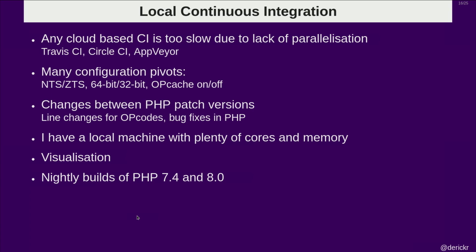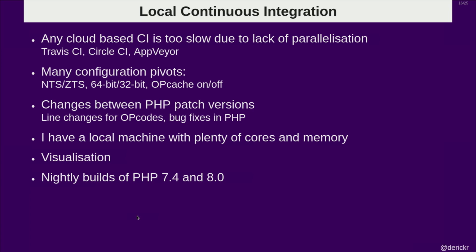There's differences between the PHP patch versions even, line changes for opcache, bug fixes in PHP, functions being turned into internal structures so they're no longer functions, like the strlen function, I believe in PHP 7.3, got turned into an internal structure, so it no longer shows up as a function call, which makes sense because it's a great optimization, but it does break tests sometimes.